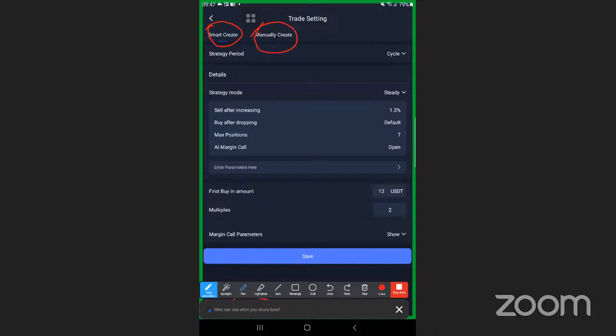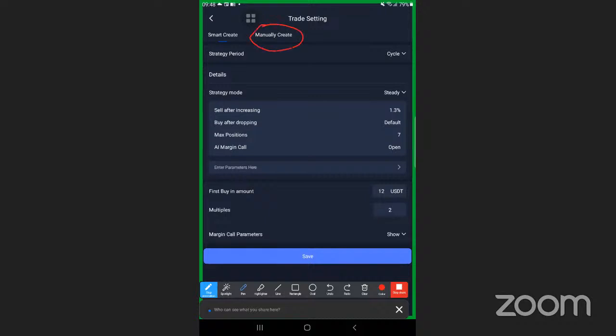Remember, what are we doing? We are manually creating. We are not using the smart create, which is the automatic one. All right, so that is the difference between the smart create and the manual create. So we are going for manual.